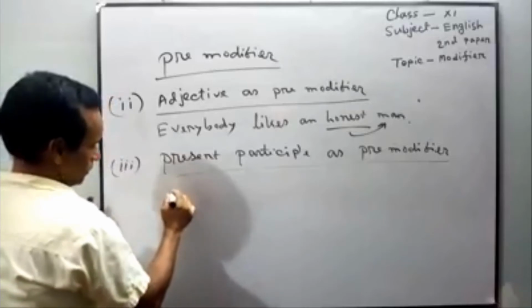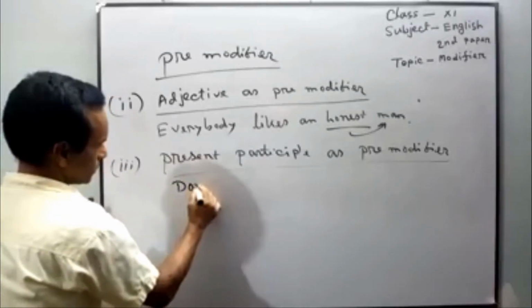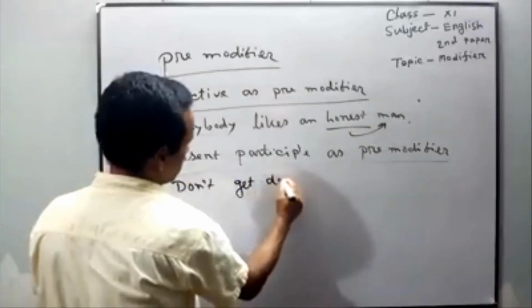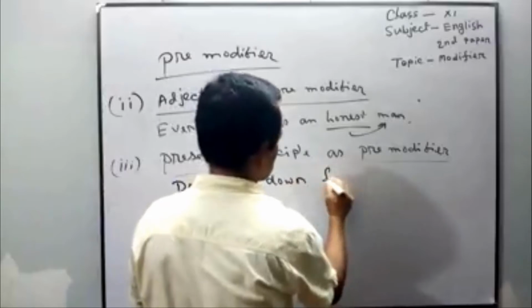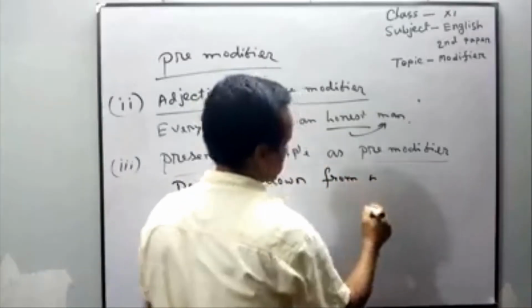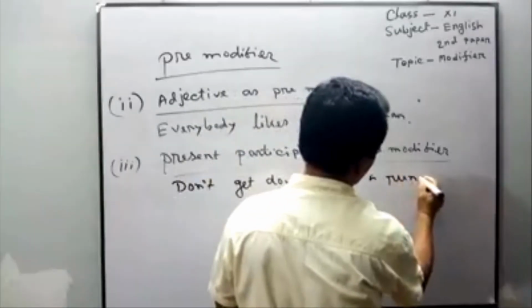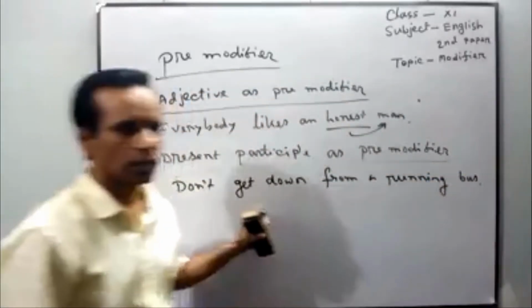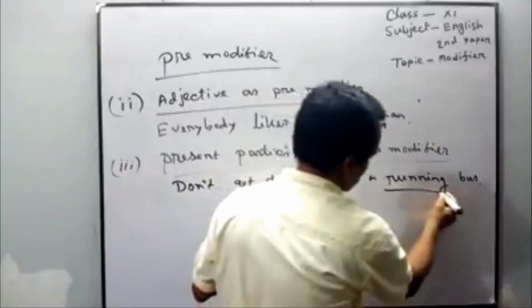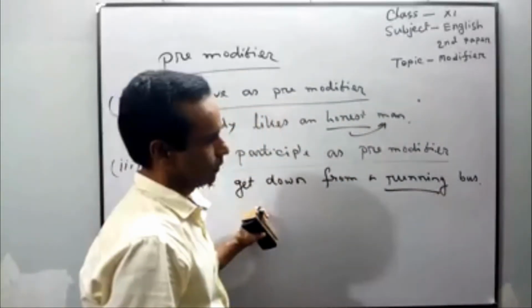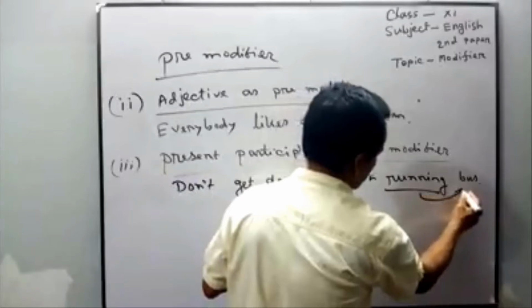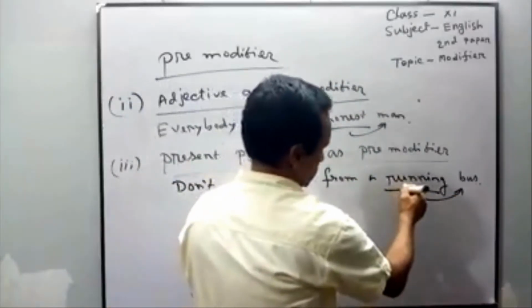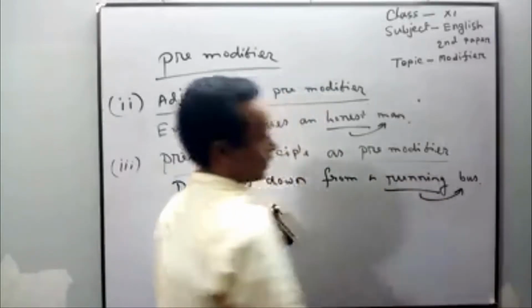For example, don't get down from a running bus. Here, running is present participle and it has qualified the word bus, sitting before it. So, running is pre-modifier.